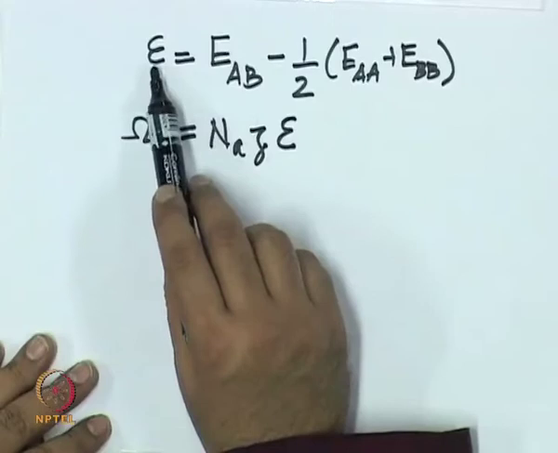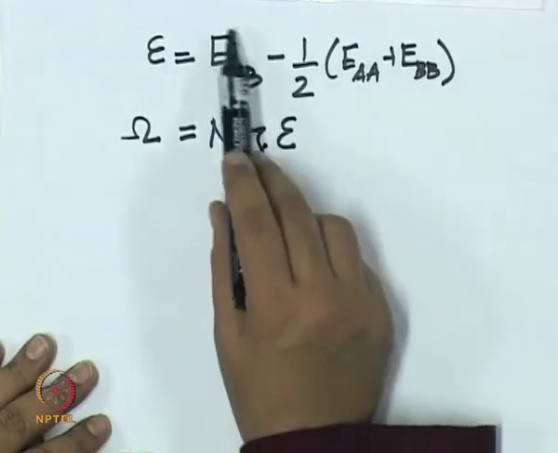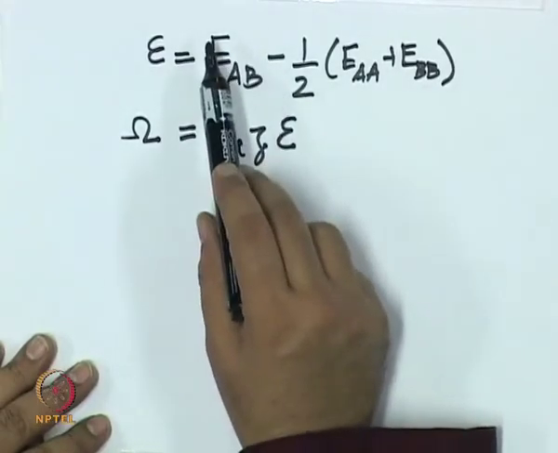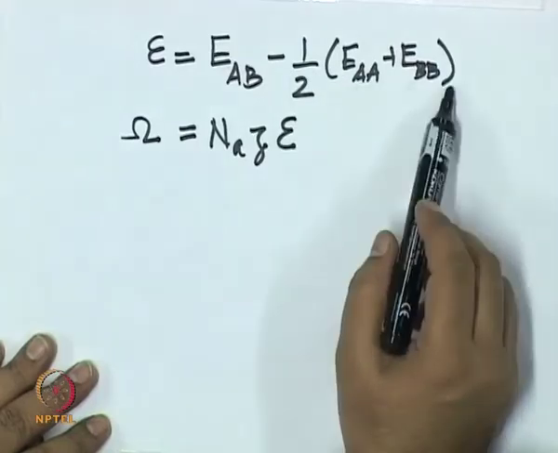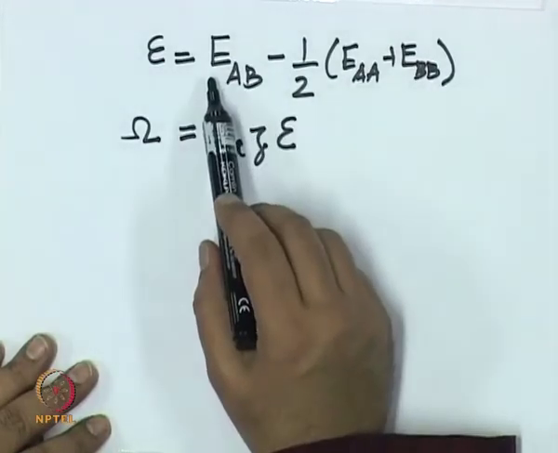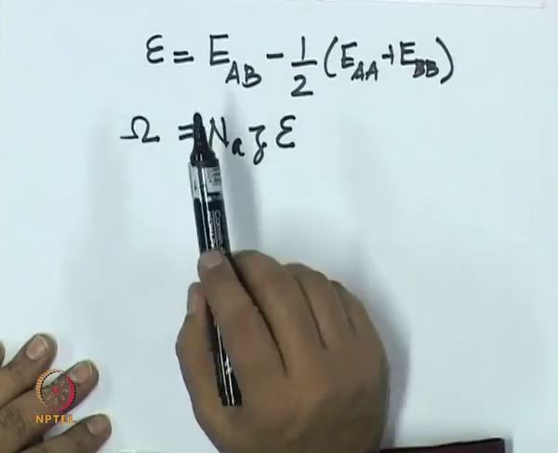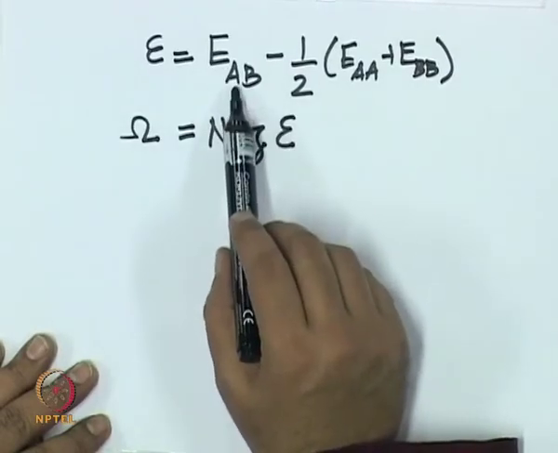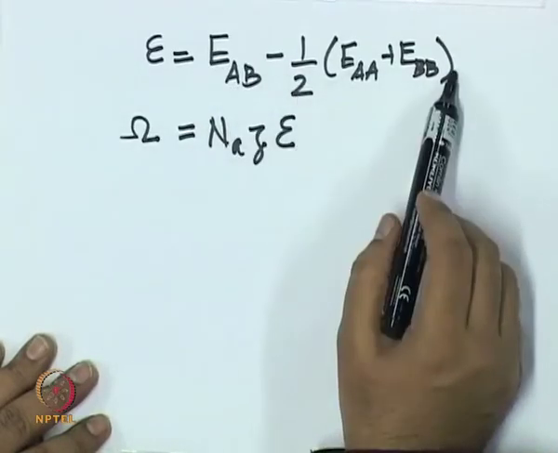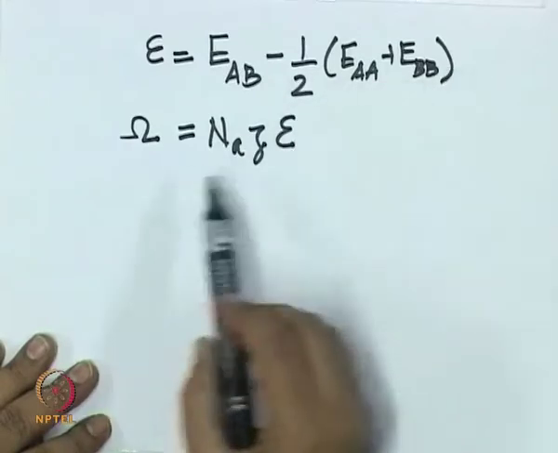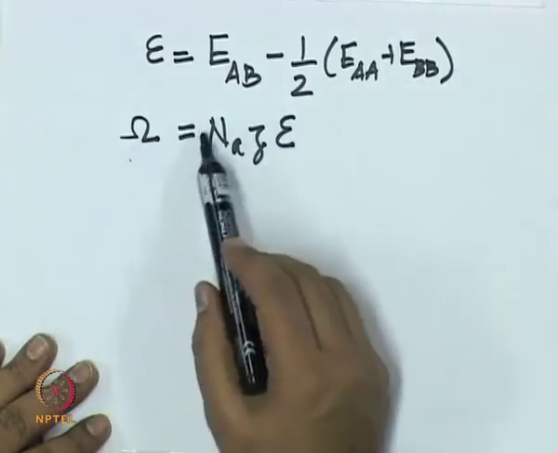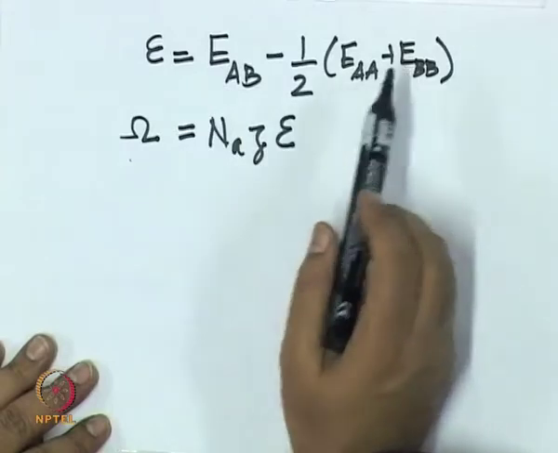If epsilon is positive, that means AB bonds have higher energy than AA and BB bonds. If epsilon is negative, it means EAB is less than that quantity, that is the AA and BB bonds. So, omega picks up the sign according to the sign of epsilon.